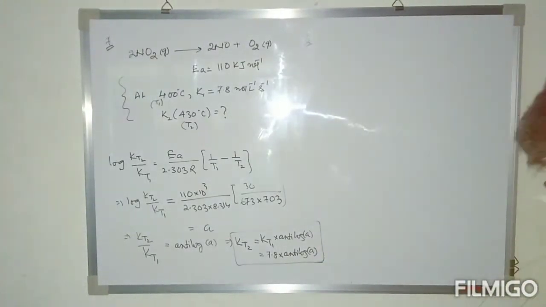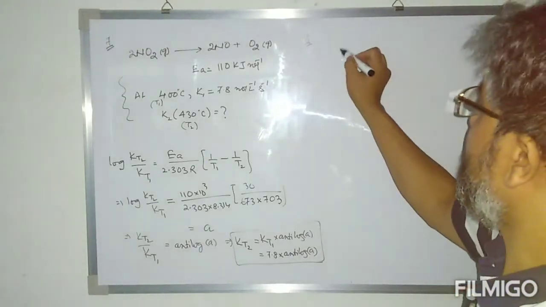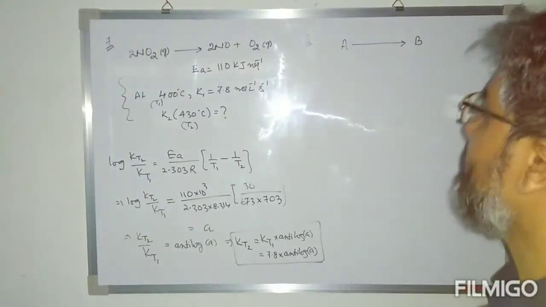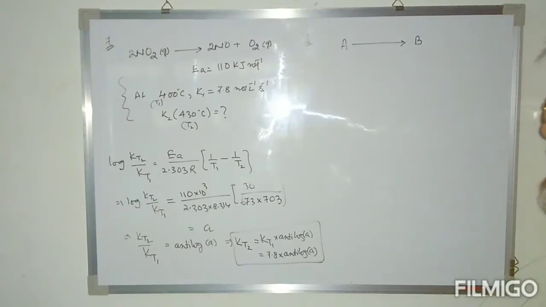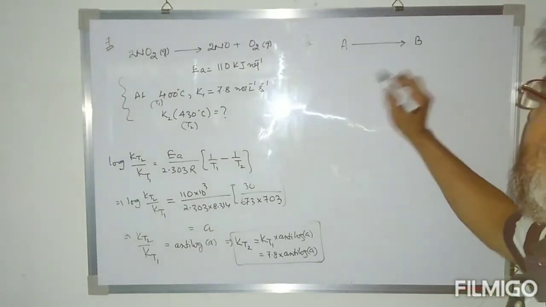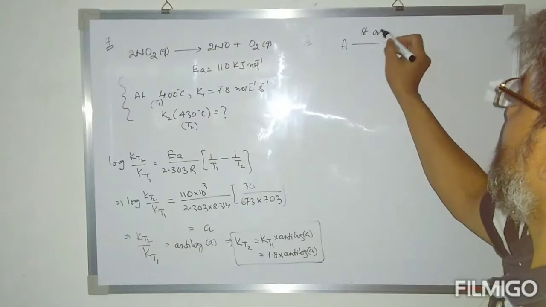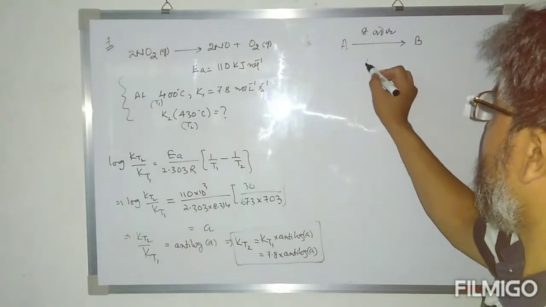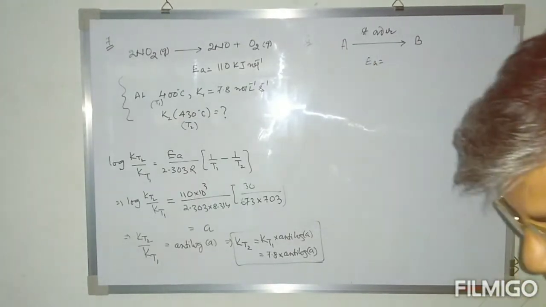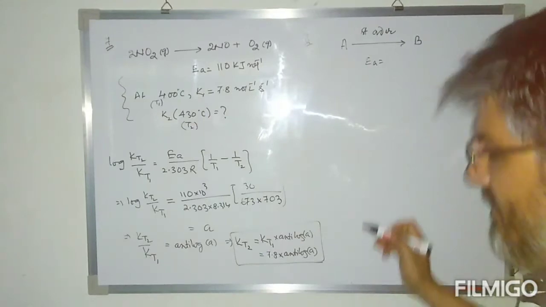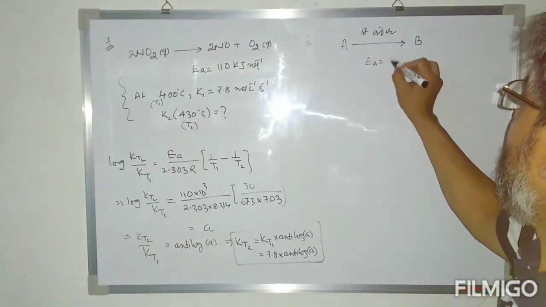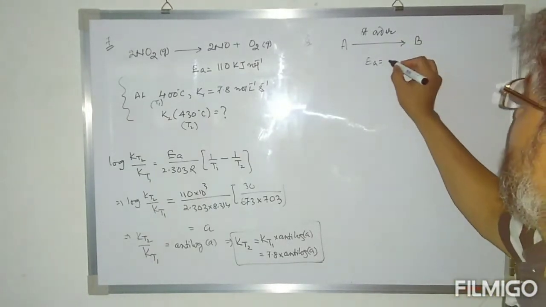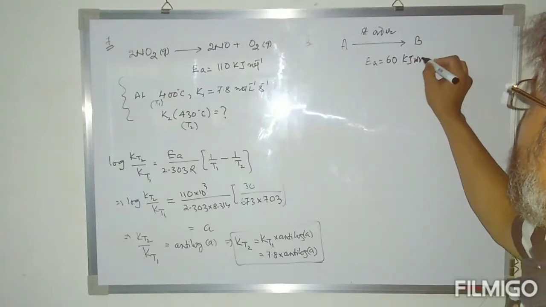Next question. Again, as usual, we are having a first order reaction A to B. The reaction is carried out in the absence and in the presence of a catalyst. For this first order reaction, the activation energy in the absence of catalyst is 60 kilojoule.